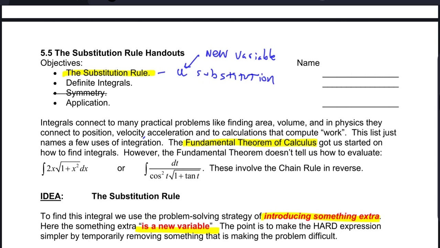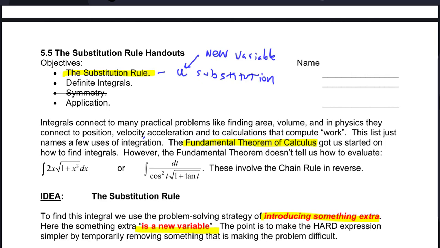So the problem is the complexities of the functions. And if we can change the function so that it's not complex or not as complex, then maybe we can do the integral. And so that's the basic guideline here.